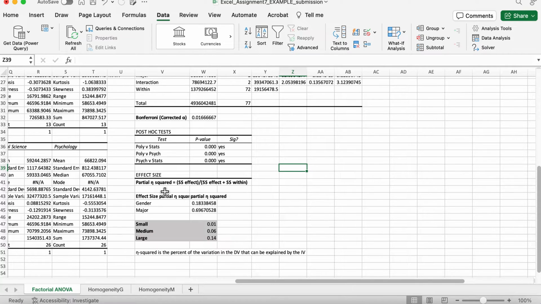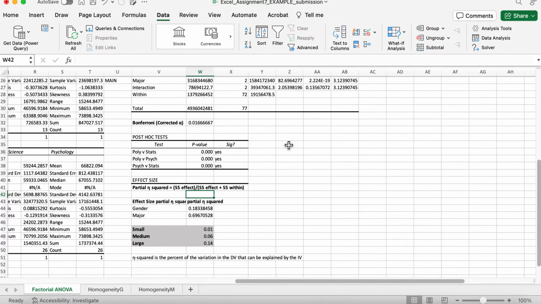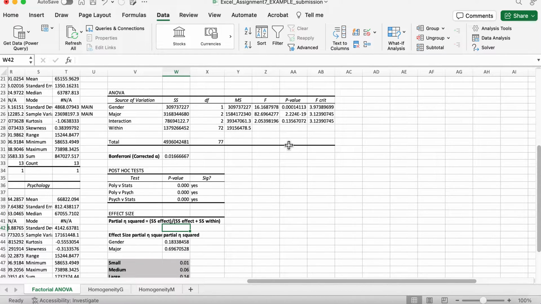Okay, so we have partial eta squared, which the formula for that is you take the sum of squares for the effect and then divide that by the sum of squares effect and the sum of squares within, which is error. So let me give you an example of how I did this.